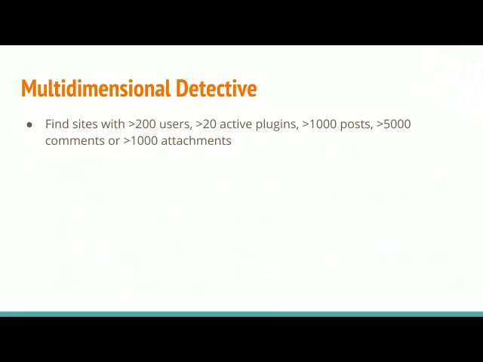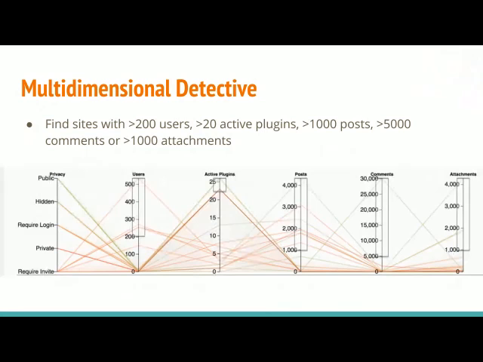This plugin can answer all of these questions just by dragging and selecting the verticals on these dimensions, and you can export the data, and then you can look at the admins or users of the site, and the URLs of your sites within your network.